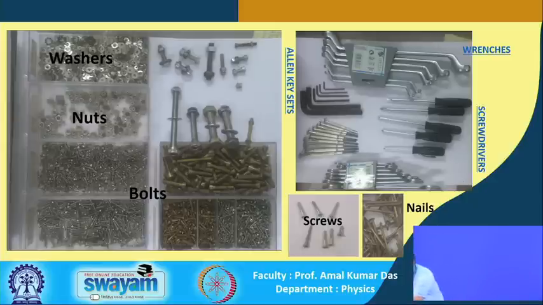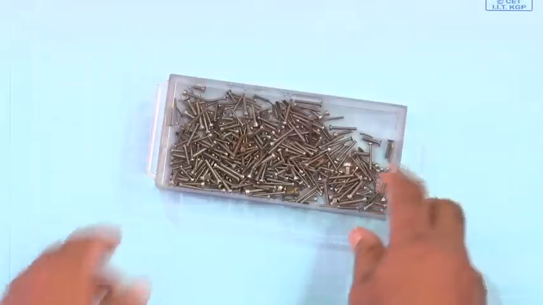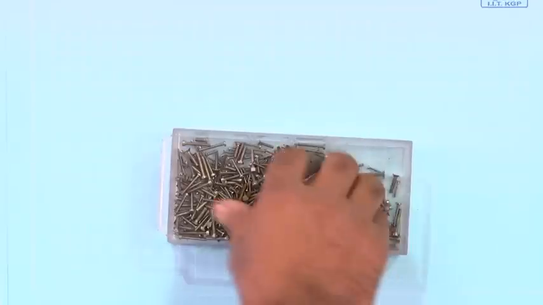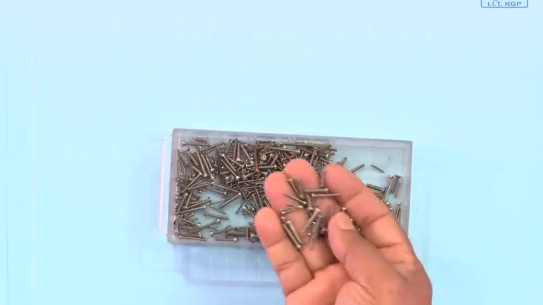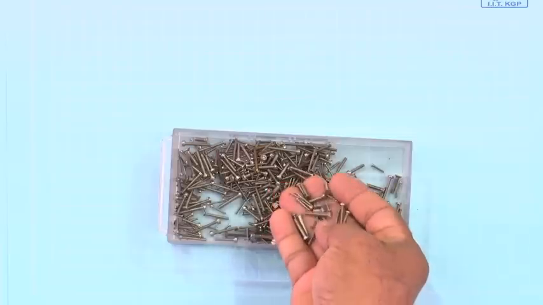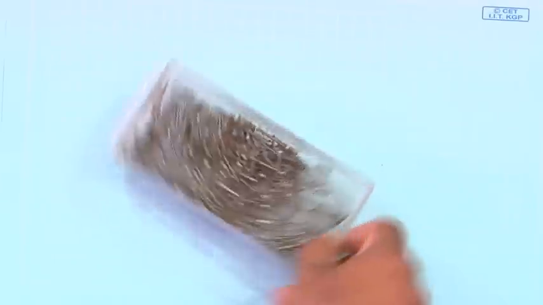Say this one type of screw. If you see, these are screws. Okay. These are very small screws. We have bigger ones also.